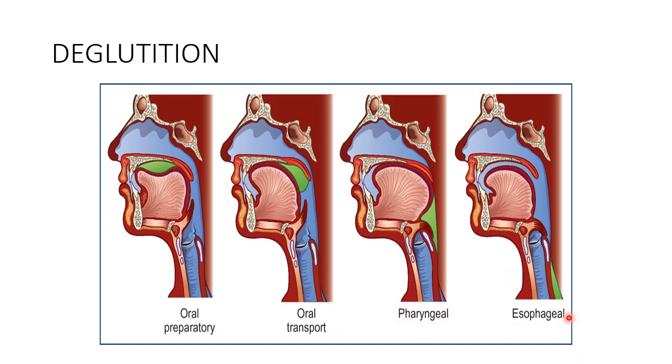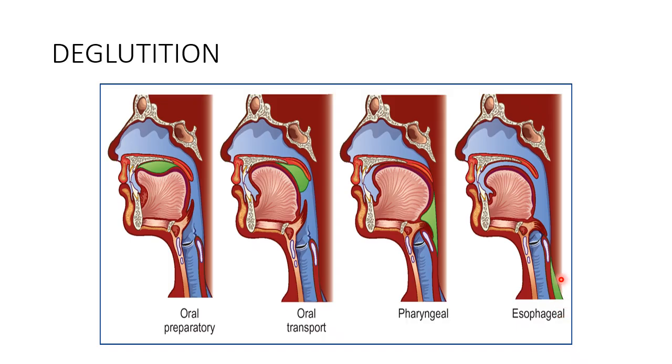The next is the esophageal phase. It starts with relaxation of the upper esophageal sphincter and the food will be propelled along the esophagus. The first movement in the esophagus is the primary peristalsis, which is aided by gravity, and food will be passing through the esophagus.